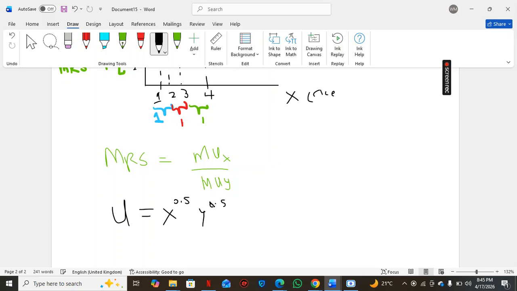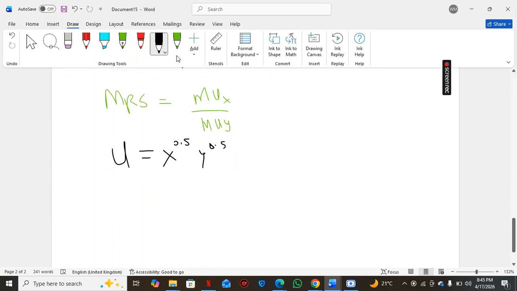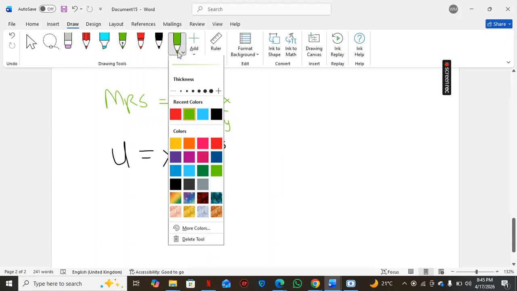Okay, so these exponents just tell you which good you prefer more. So if you see 0.5, 0.5 here, it says you treasure good X and good Y the same way. You don't prefer one over the other. And then they ask you to find the marginal rate of substitution, MRS. So it means you have to use differentiation. This is where calculus is now coming in.